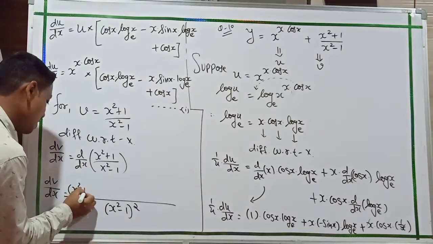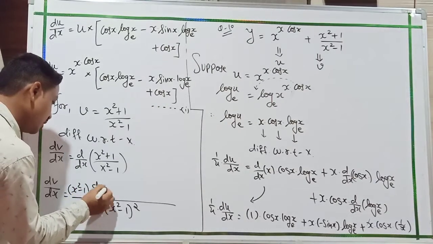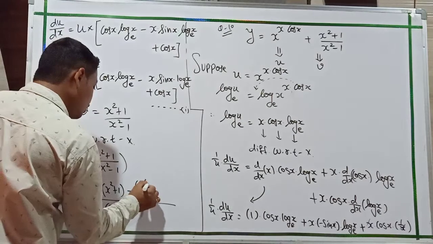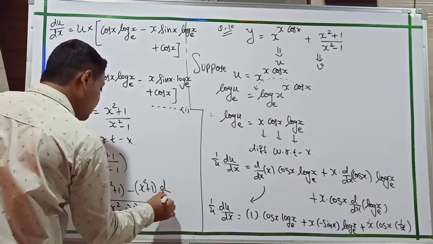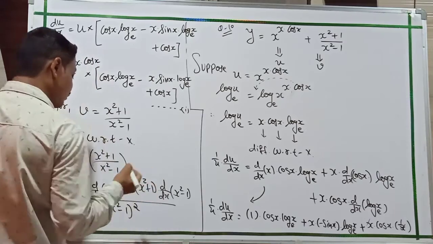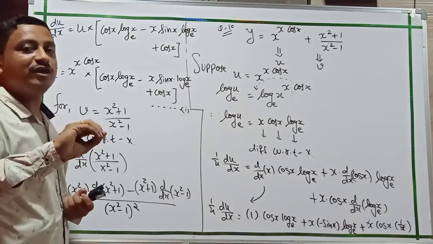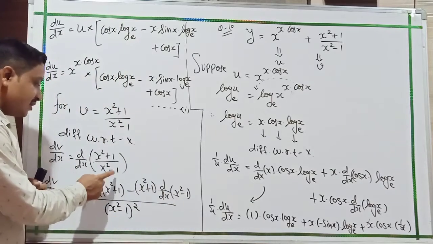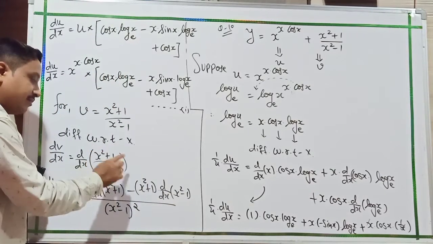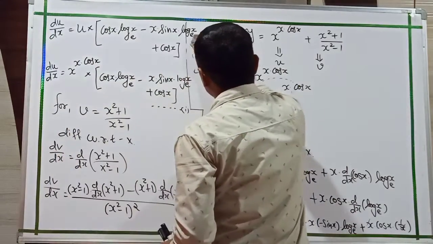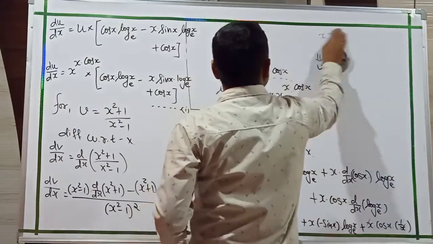Now denominator times d dx of numerator, minus numerator times d dx of denominator. These are our two simple u by v rules, I mean the division rule. Again repeat: denominator square, denominator times numerator derivative minus numerator times denominator derivative, and this is easily understood, students, in these solutions.